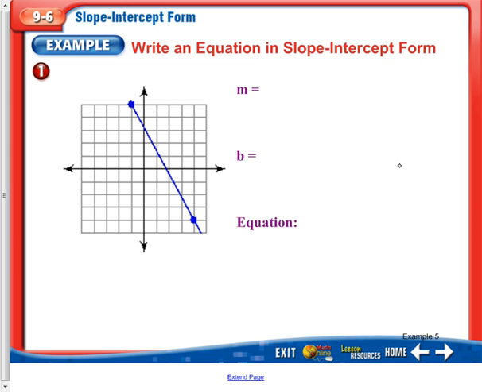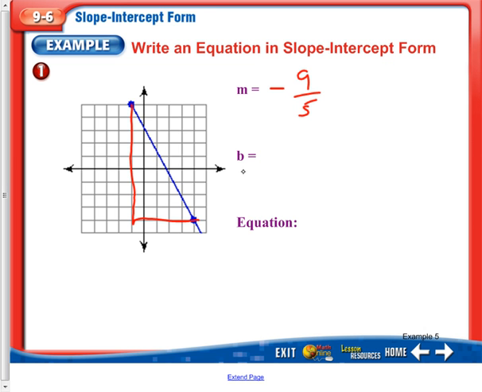Starting off again, we know it's going to be negative, so I'm going to put that negative in there right away. We're starting here, going down 1, 2, 3, 4, 5, 6, 7, 8, 9, down negative 9, and then going right 1, 2, 3, 4, 5.